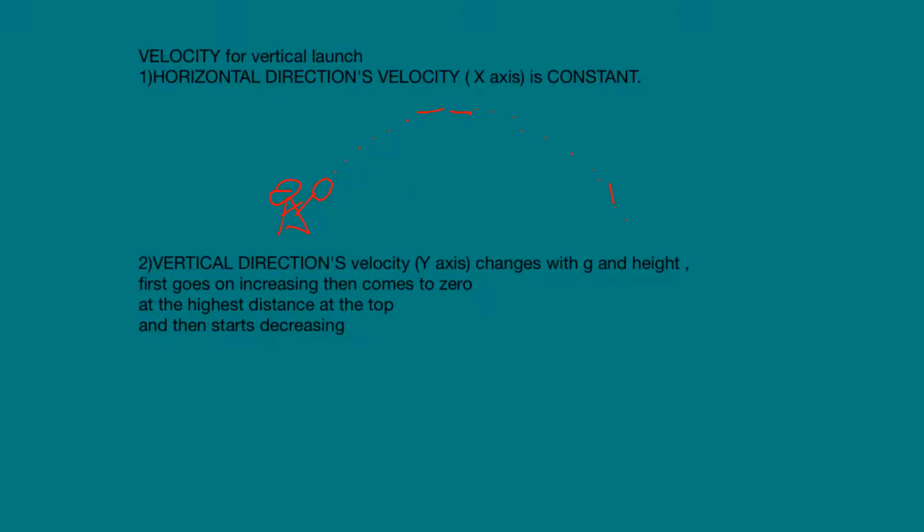Here you can see the velocity along the x direction, along the line which is parallel to the ground, will always be constant.